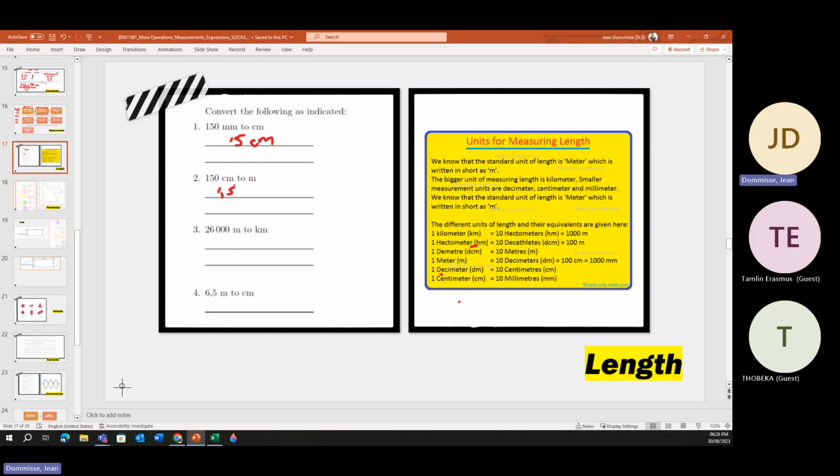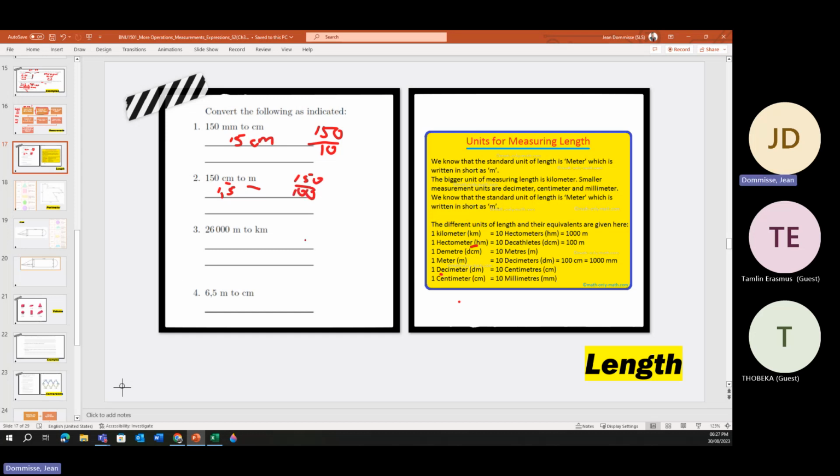Another way of looking at it: for 150 millimeters to centimeters, we could have divided by 10. If we go from centimeters to meters, we divide by 100.